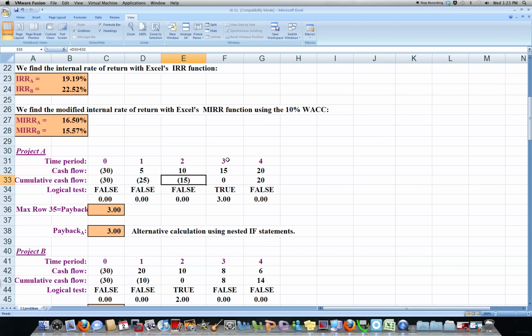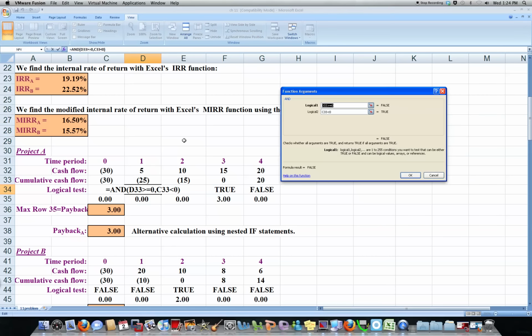So let's do the logical test. This is the AND test, and if you come up here, you can use the AND function. If D33 is greater than or equal to 0, it's false.